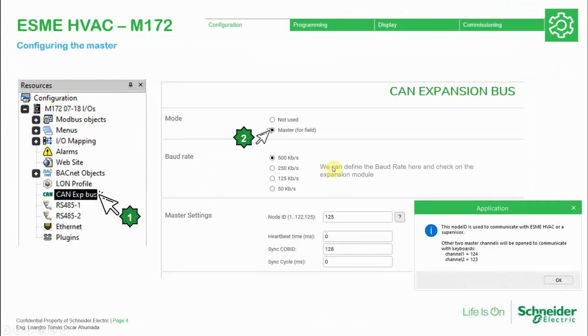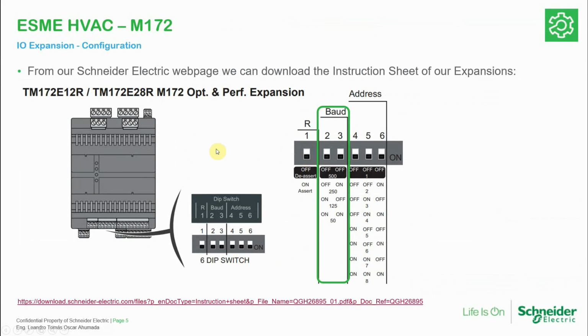So once we have configured this on the PLC side, okay, we should set the actual configuration in the module. So in the bottom part, we have these 6 switches. The first one is for the terminal resistors, and numbers 2 and 3 belong to the baud rate.